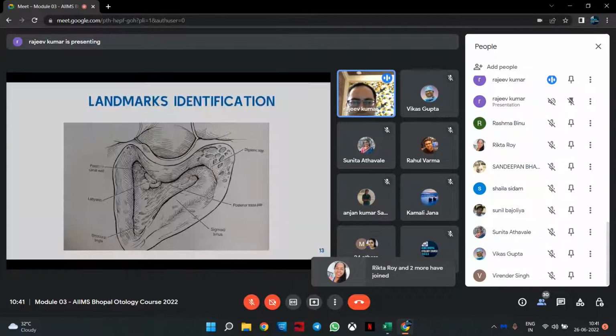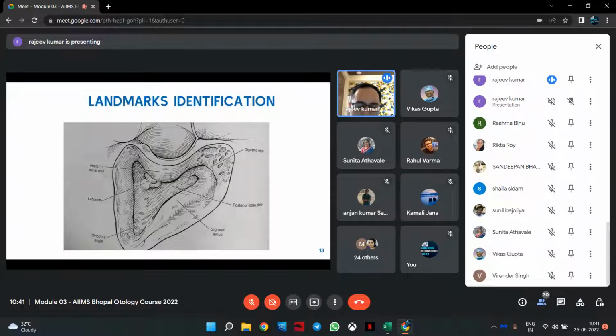Once you identify all the landmarks, then you have to proceed forward. You have to thin out your posterior canal wall nicely. You have to identify your canal and labyrinth. You have to delineate your sinodural angle nicely, sigmoid sinus fully, digastric ridge, and posterior fossa plate. This is the whole simple mastoid, which is the feature of a good cortical mastoidectomy. These landmarks should be visible to you in a pneumatized mastoid.